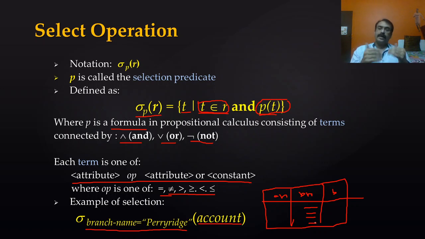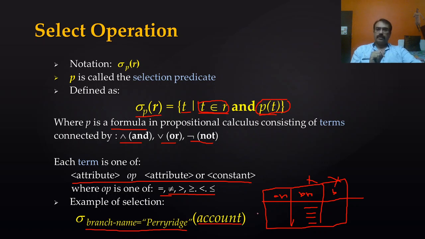But every time we don't need to print all the things. Let us say I want to modify this query to print only the account numbers of all the accounts from branch parentage. At that time in the output I don't need these two attributes, I need only account numbers.